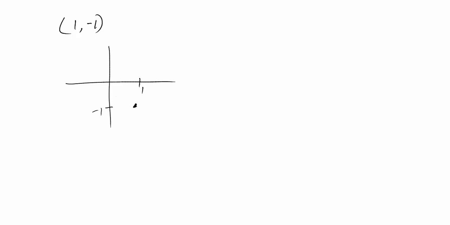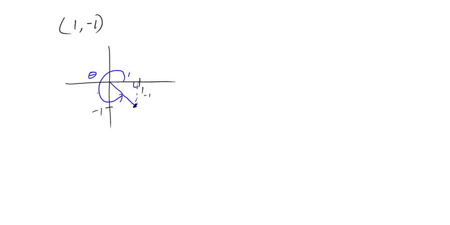So here's our point right here. So that gives us this particular angle here. And once again, we will think of this as our little right triangle here, so that the sides are 1, -1.